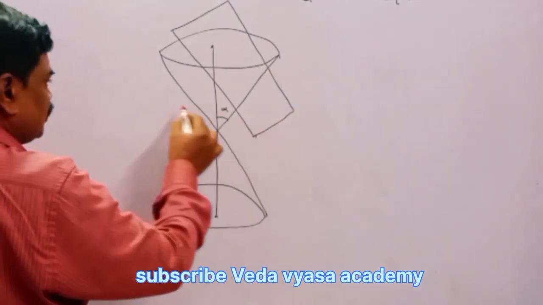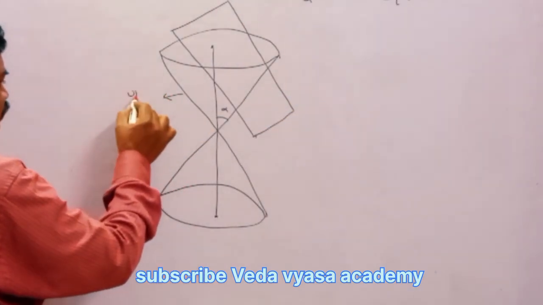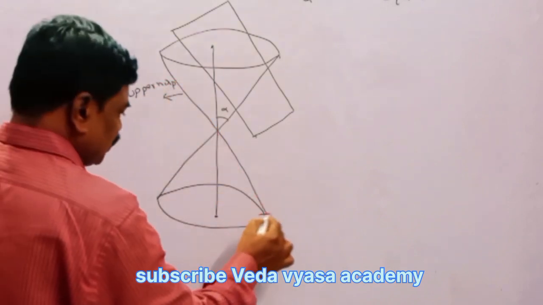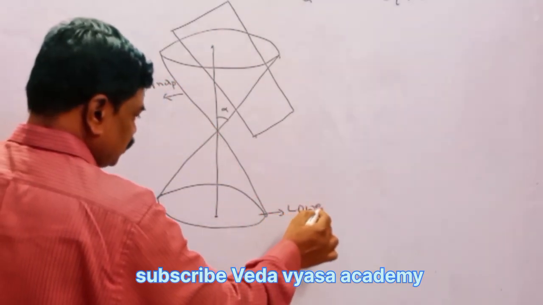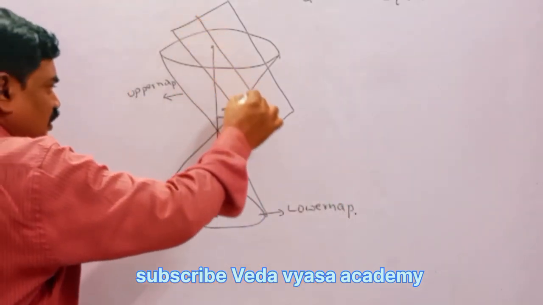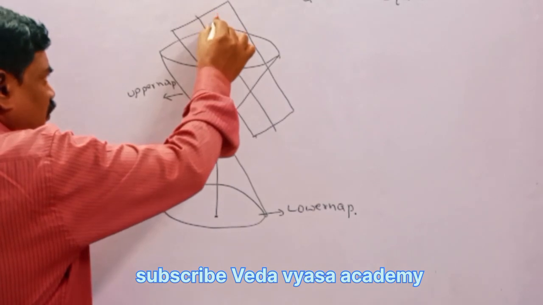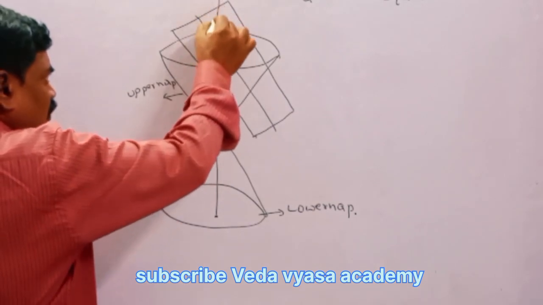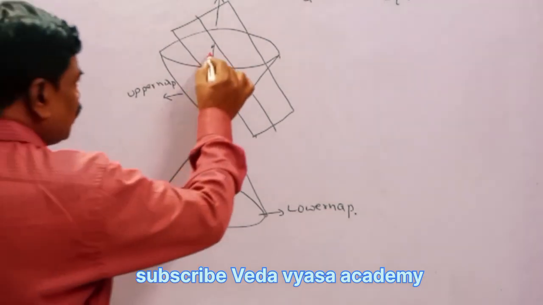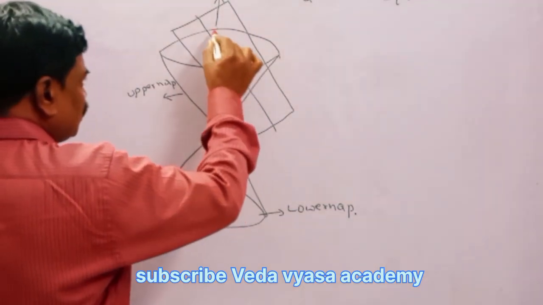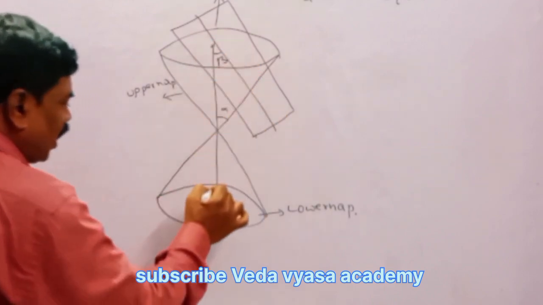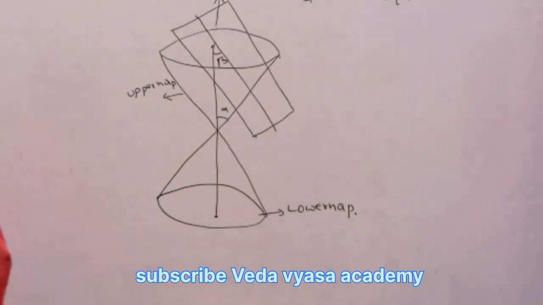This is the upper nappe. This is the lower nappe. This plane cuts the cone like this. This is the angle beta, the angle between the plane and the axis of the cone.